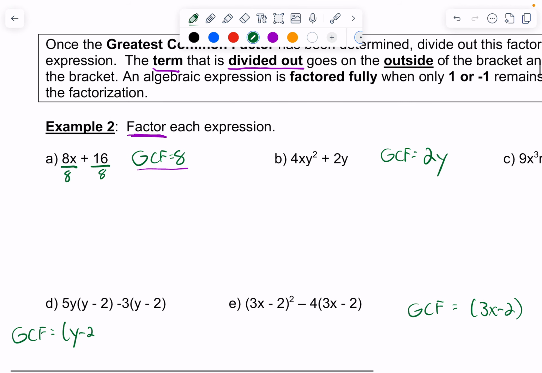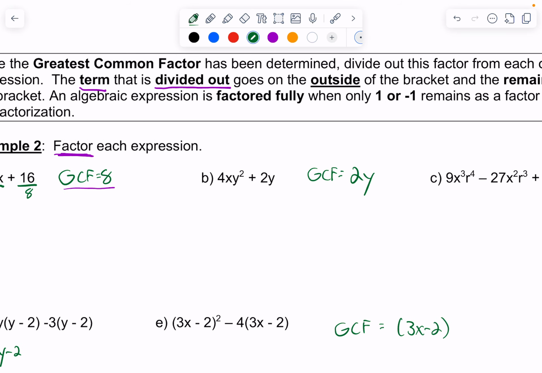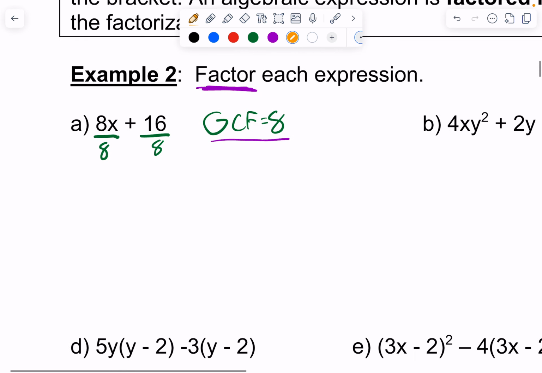And as you read here, once you've done the division, the GCF goes on the outside of the bracket you create. So you can't just get rid of it, right? Mathematically, you can't just divide something by 8. So now you've changed it. The 8 doesn't go anywhere. But what happens is that factor goes on the outside of the bracket. So 8 is the GCF. That's our GCF.